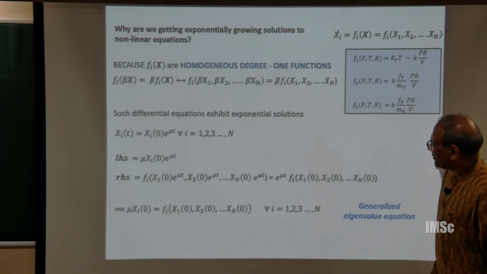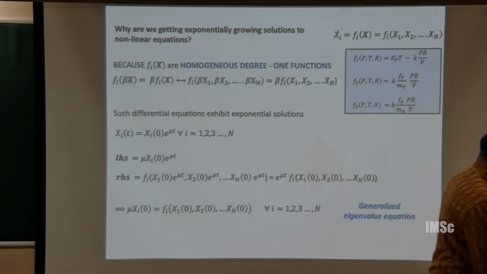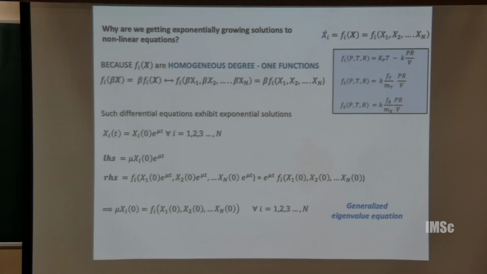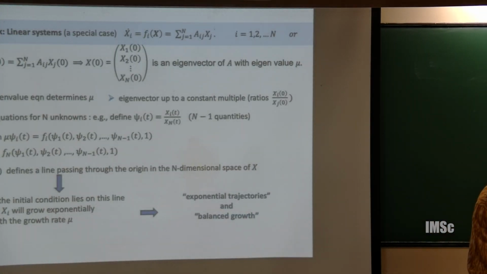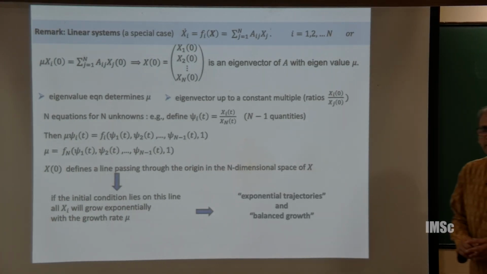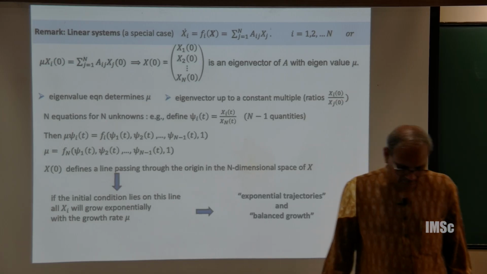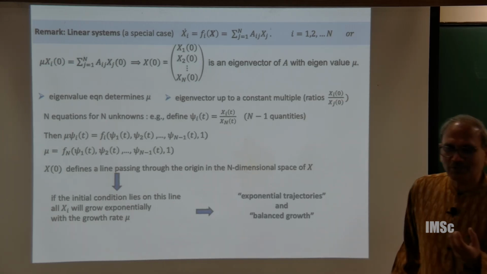This is a set of algebraic equations whose solution I will tell you for the PTR model. Okay. So, now this sort of tells us that our systems are nonlinear.